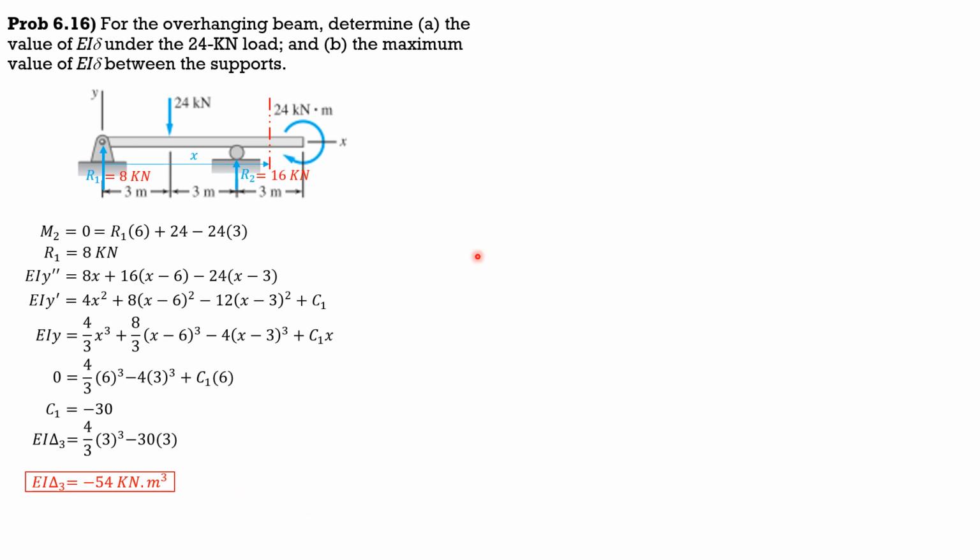For the maximum deflection, we set y prime to 0. Remember, for maximum deflection, the slope of the elastic curve is horizontal or 0. So 0, y prime, is 4x squared plus 8 quantity x minus 6 squared minus 12 quantity x minus 3 squared plus c sub 1, which is negative 30.